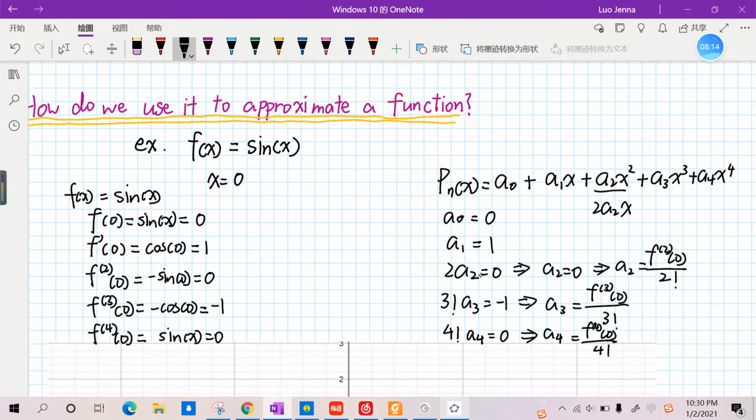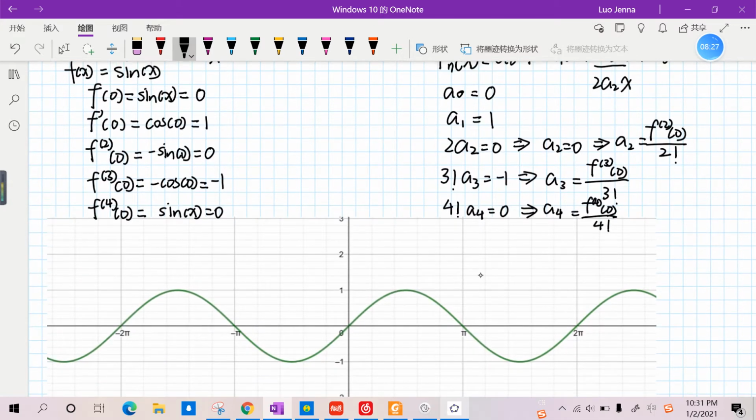So this power just becomes the factorial, like this one, these two, and this one.